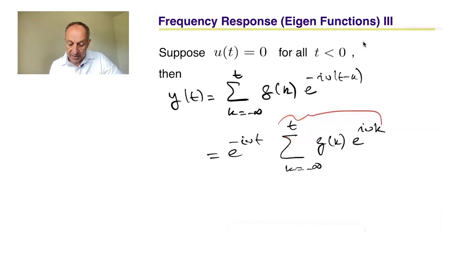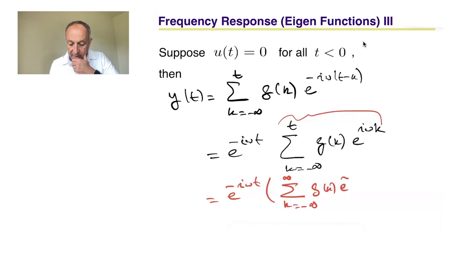One way to do this is to write e to the minus I omega t times the summation from k equals minus infinity to infinity, g of k e to the I omega k, but subtract the part that starts from k equals t plus 1 to infinity, g of k e to the I omega k.